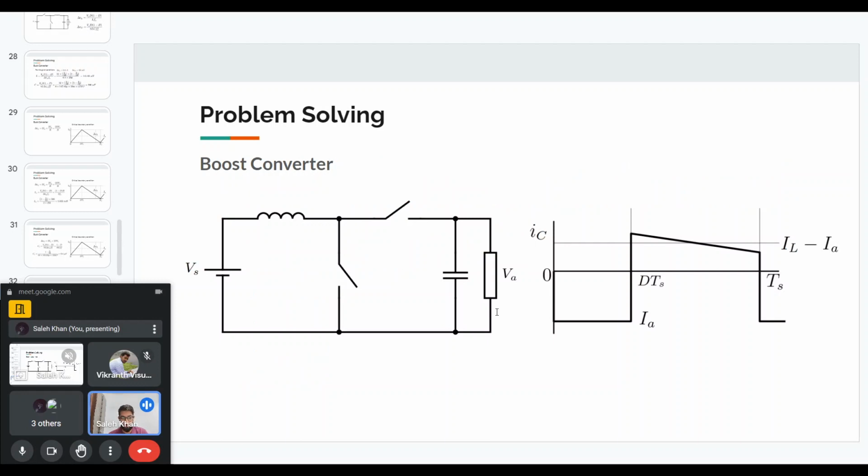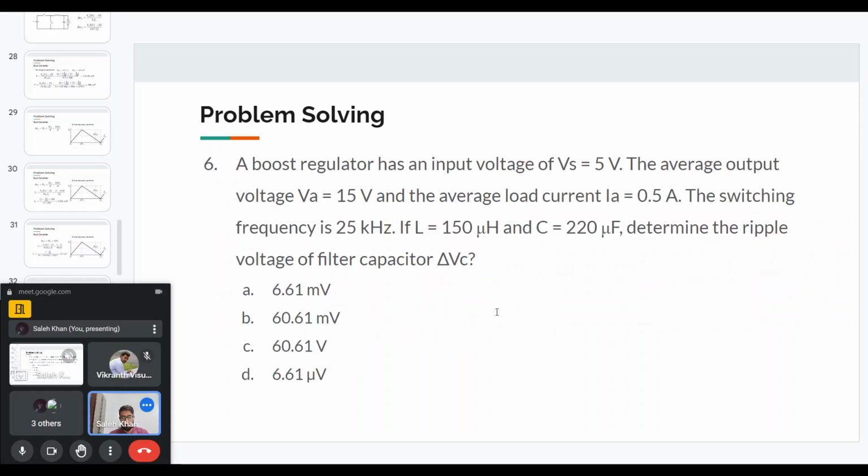So this is the circuit, and let's actually do one charge balance equation. The inductor current ripple is found using the inductor voltages. If we know what the voltage across an inductor is in each interval, we can find the current ripple of the inductor.